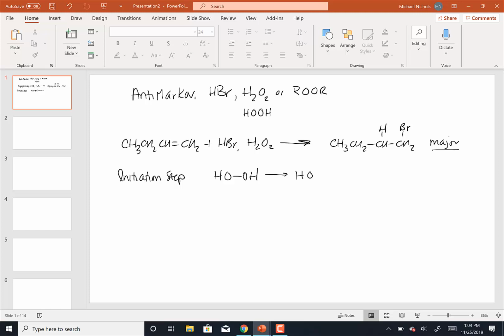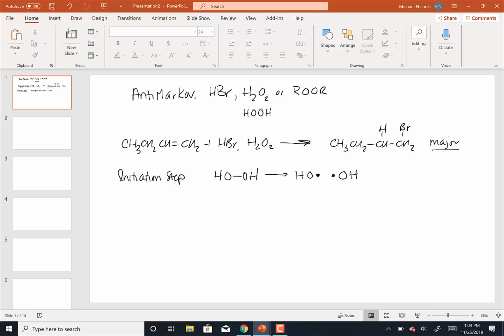I'm going to write them like this. Okay. So when a molecule containing oxygen or carbon has an unpaired electron, it's called a radical. Okay. Now, how did I break the OO bond to get that?